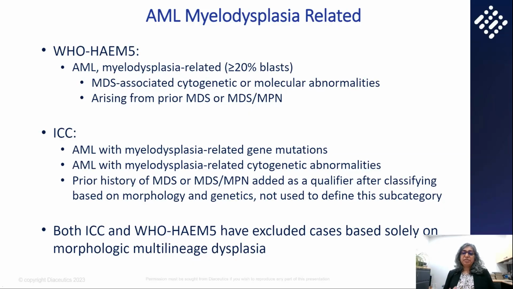Just the prior history of MDS or MDS/MPN is not used to define this category of AML related to myelodysplasia in ICC. Both ICC and WHO have excluded cases based solely on morphologic multilineage dysplasia. They require one to have these MDS-associated abnormalities. And in WHO, also prior history would qualify one for this diagnosis.